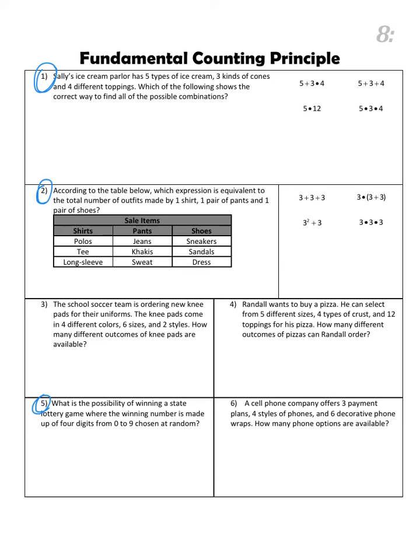Alright, so on page 8, Sally's Ice Cream Parlor has 5 types of ice cream, 3 kinds of cones, and 4 different toppings. Which of the following shows the correct way to find all the possible combinations? I'd get rid of the first, because that has addition. Get rid of the next, because that also has addition. Anything that's addition, get rid of, because it should just be multiplication.